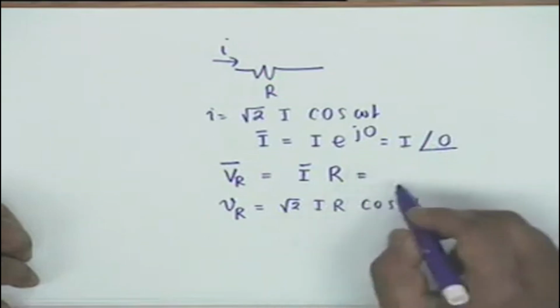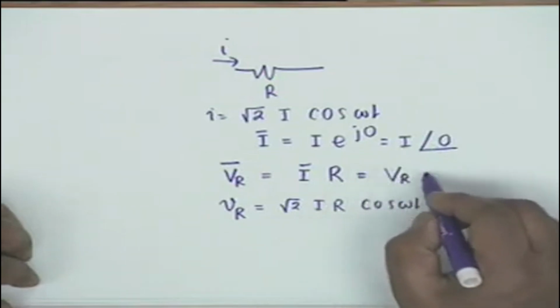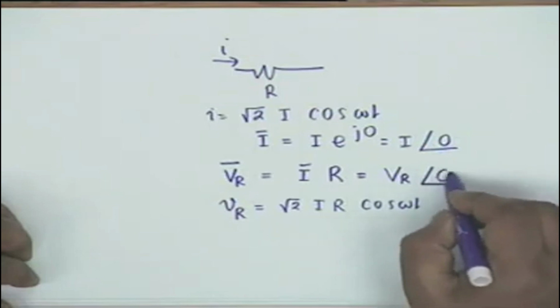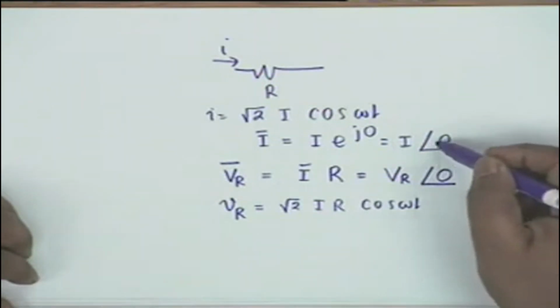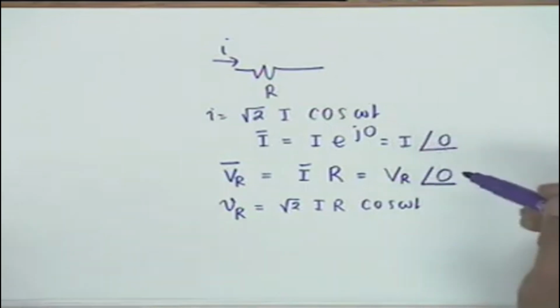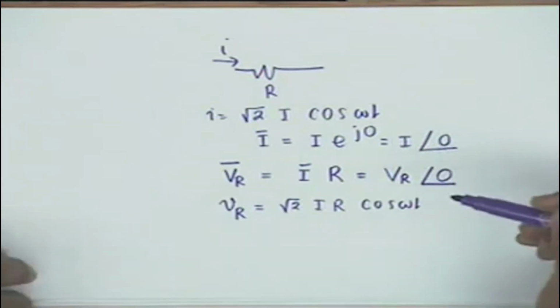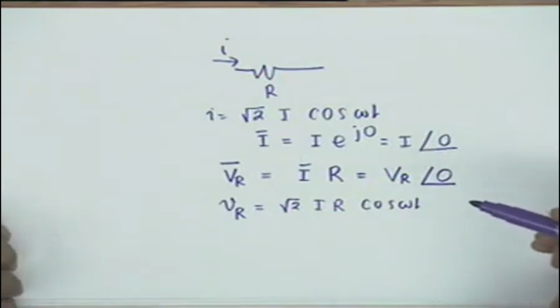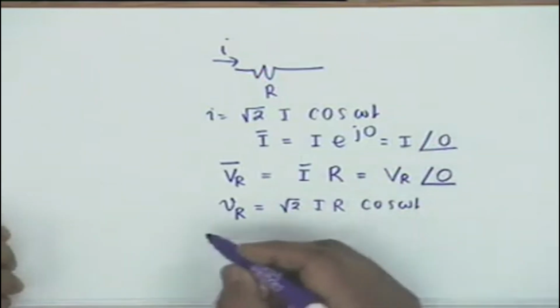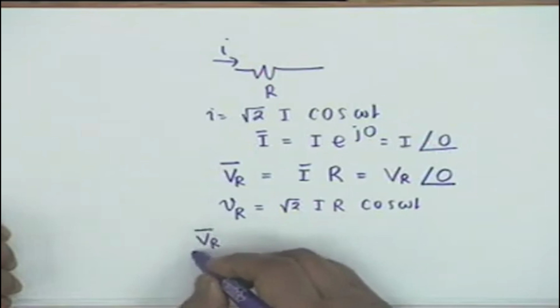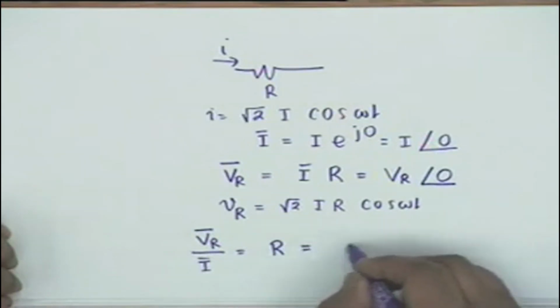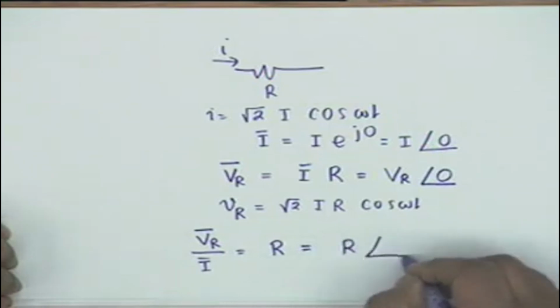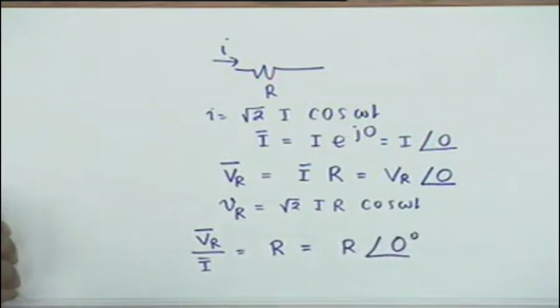The phase is 0, so there is no phase change between the current and the voltage. It's true in the time domain, it's also true in the transform domain, and the ratio of the voltage phasor to the current phasor is simply equal to R, which we can write as R angle 0 degrees.